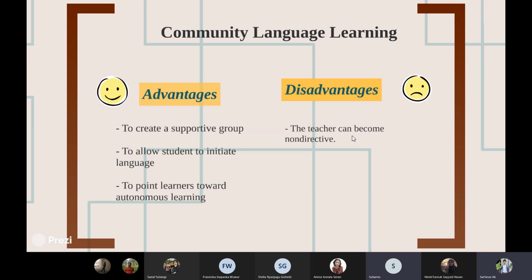If we look at the map of the whole language teaching methods, we can divide them into three groups, three schools. The first is the traditional ones. We can start from GTM, grammar translation method, and then we have the oral approach and SLT, situational language teaching, and also the audiolingual method.